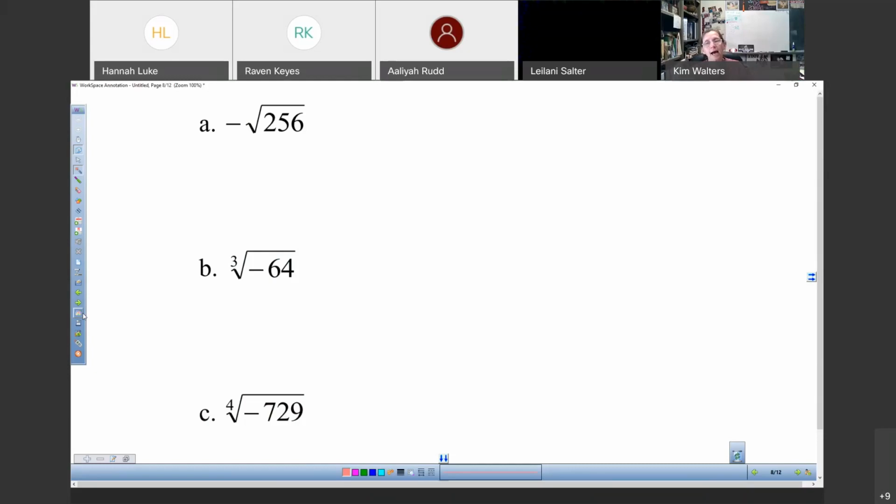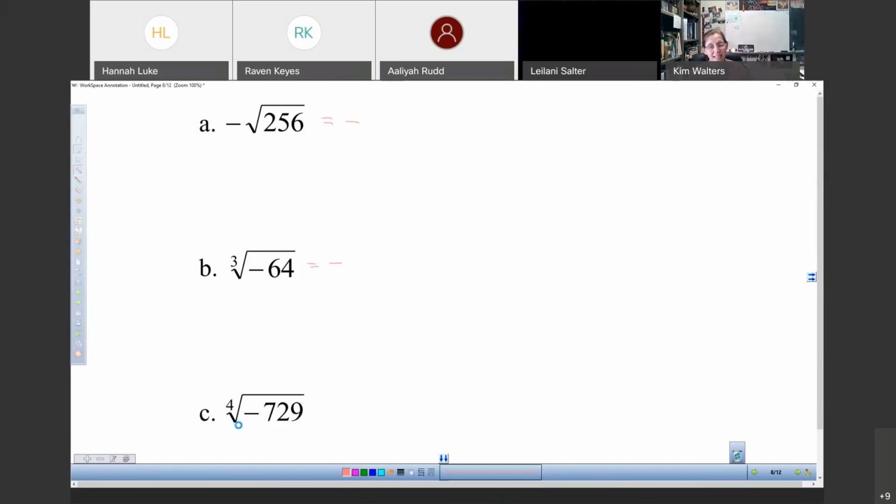Part B, I'm asking you to find the cubed root. Cube is an odd exponent or an odd radical of a negative number. Excellent, we can do that. Answer is going to be negative. So up here in part A, my answer is going to be negative something. We'll come back to that. In part B, I can do this and my answer is going to be negative.